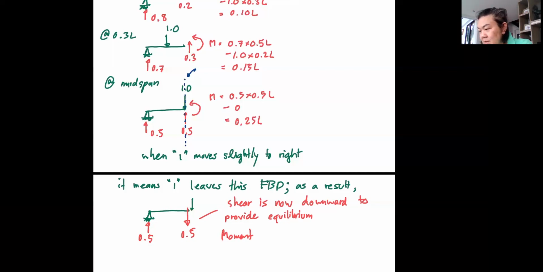So the moment remains the same, which is equal to 0.5 multiplied by 0.5 L, right? It's the same value. So when we consider the load slightly moving away from the line here, the shear changes direction, but the moment remains the same.